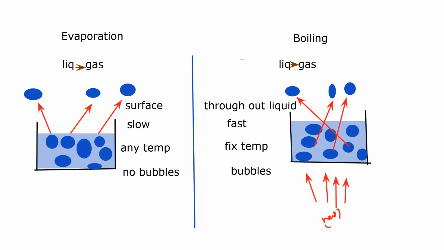In evaporation, when a liquid turns into a gas, no heat source is required. But for boiling, you have to supply heat energy, so you need a heat source. Without a heat source, boiling cannot happen.